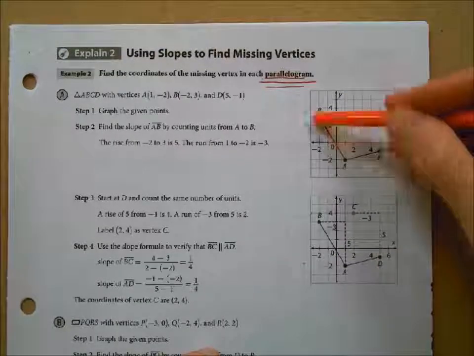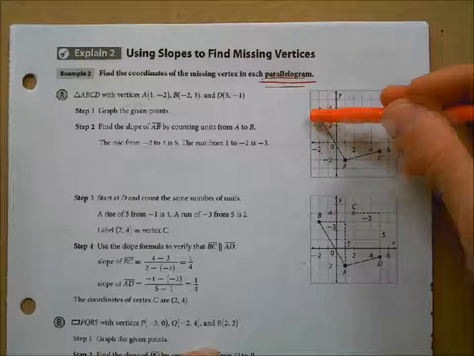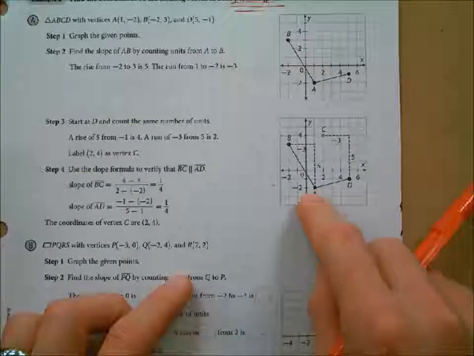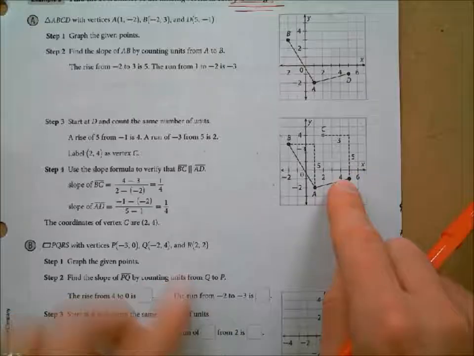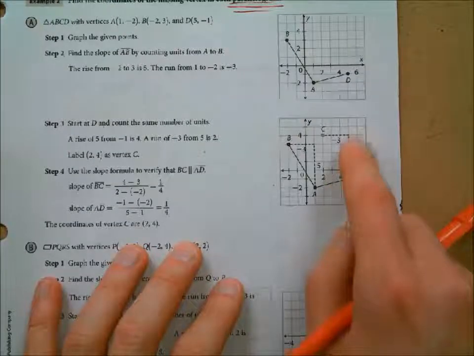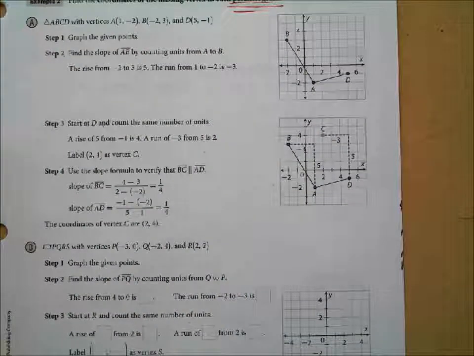From A to B, we have to go up 1, 2, 3, 4, 5, and left 1, 2, 3. You can see that right here. So from A to B, we go up 5, left 3. And then from D, to get that same kind of parallel segment, we're going to go up 5 and left 3 as well. And boom, there's C. So the coordinates of C are (2, 4).